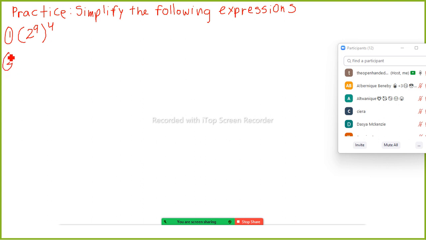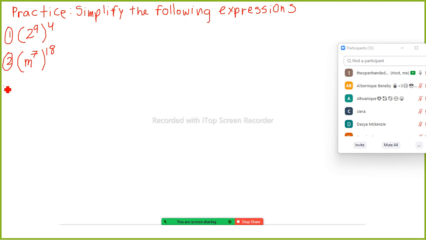The next one, if we have m to the power of 7, all raised to the power of 18.